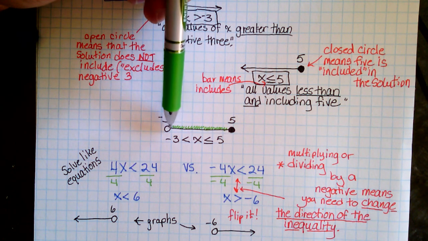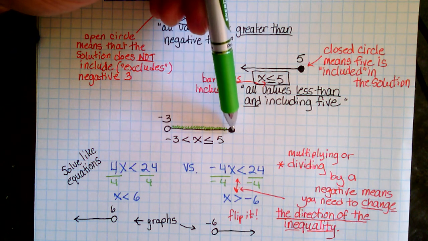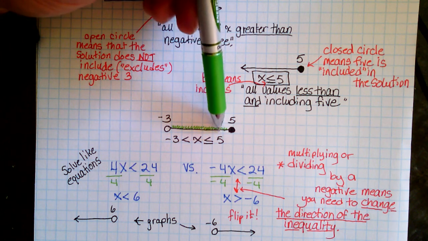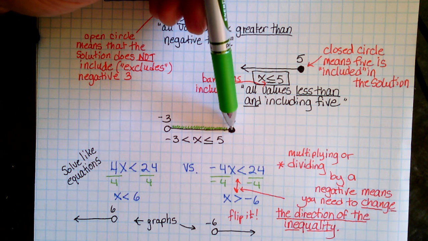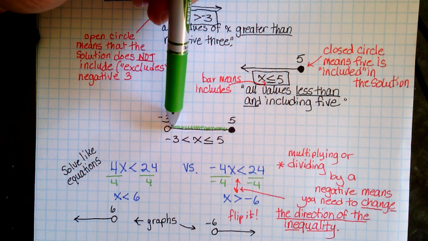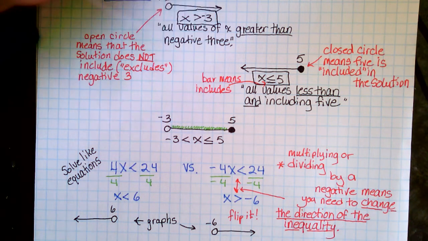So in this case, it's all values of x greater than -3, but not including -3, all the way up to +5. So all numbers less than 5, including the number 5, down to -3, but not including -3. So the bar means everything with these inequalities.